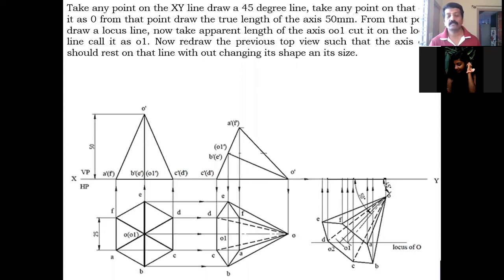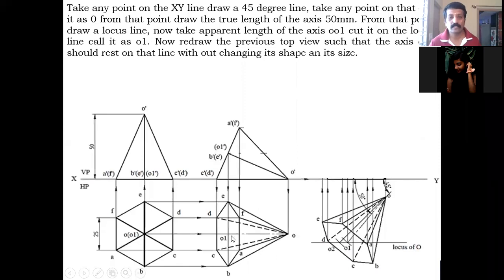So how to get the other points? O2 O1 I got, O2 O I got, and after that, from O1 you can draw a 90-degree perpendicular line like this. From O1 to E, O1 to B, you can cut it on either side. You will get E and B, or you can also use an arc.